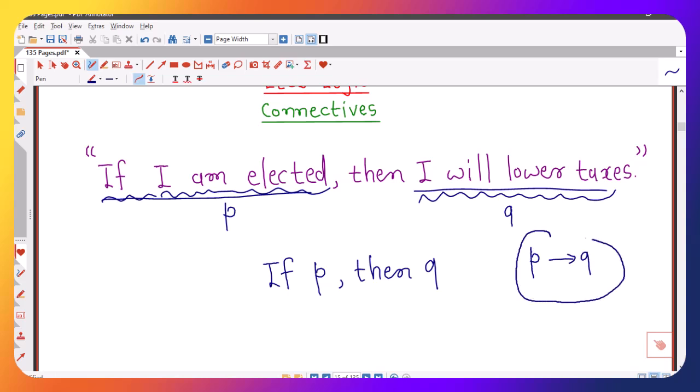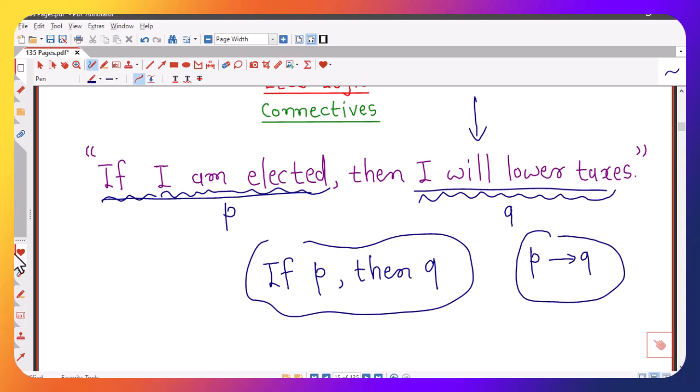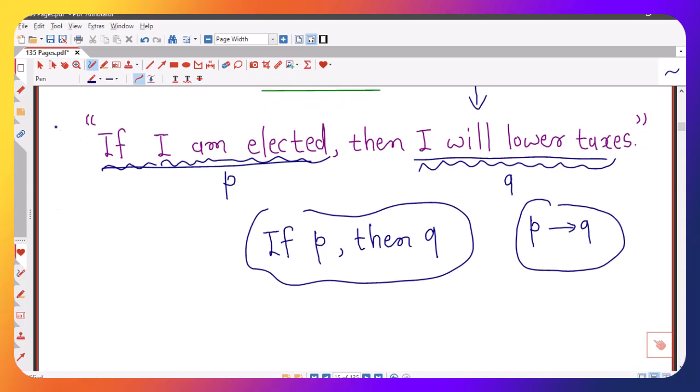This type of statement is called a conditional statement or implication, and it is denoted by this symbol, P→Q, or P implies Q. If P is true, then Q is also true. If this happens, then we can say that this promise is valid. If I am elected and I lower taxes, then I have kept my promise, and if I am elected and I am not lowering the taxes, then my promise has failed.